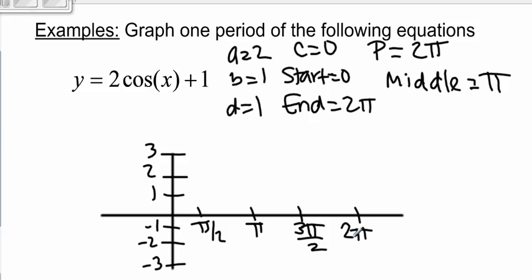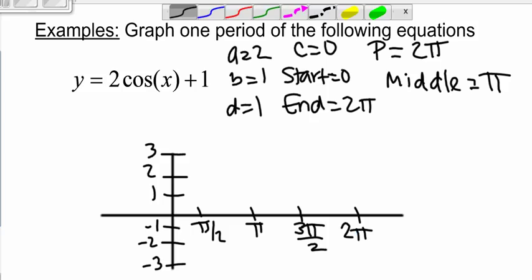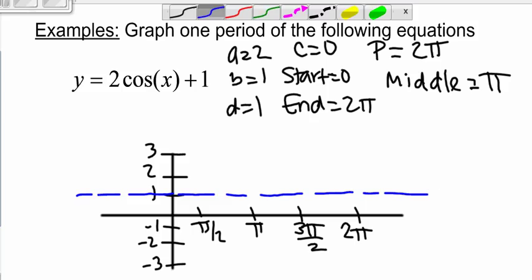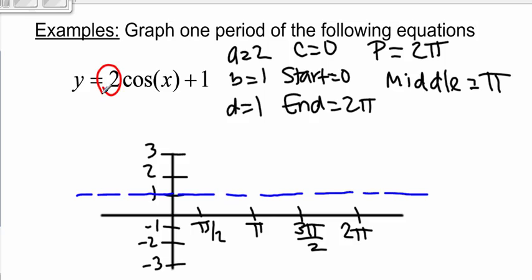And I have shifted my line vertically this time, 1. So I'm going to draw my new line there. Okay. And I'm doing cosine. So normally cosine starts on our y-axis at 1. We're shifting up 2.